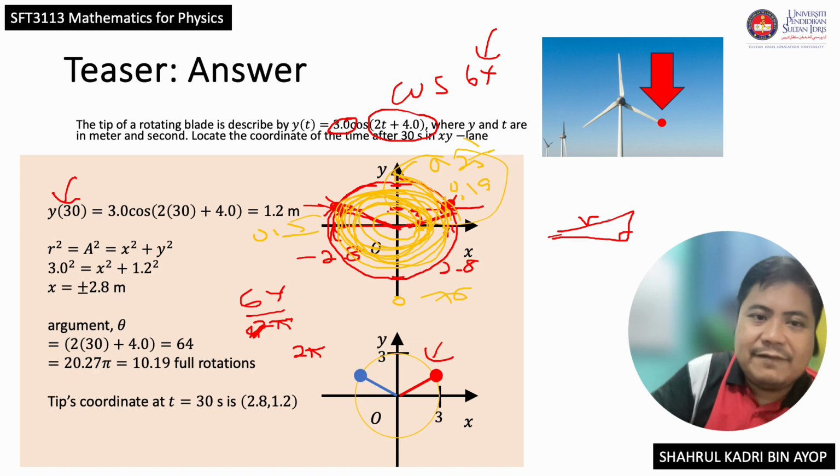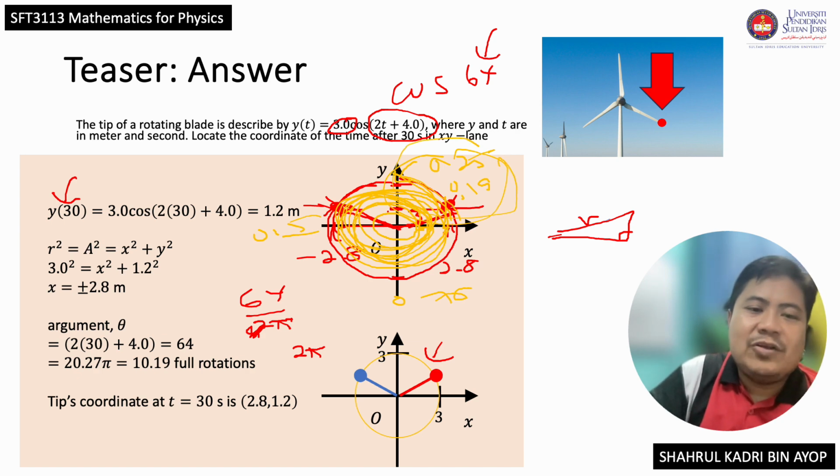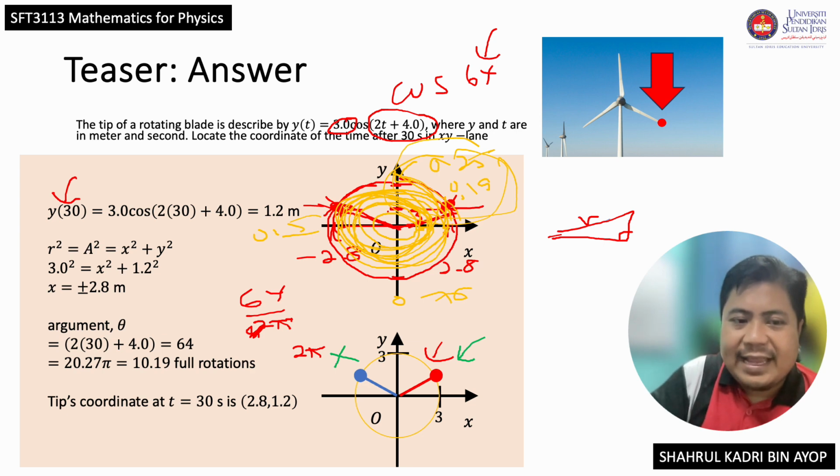So you can be sure that the location is here but not here. So the coordinate of this tip at t equal to 30 seconds is around 2.8 in the x direction, and 1.2 in the y direction.